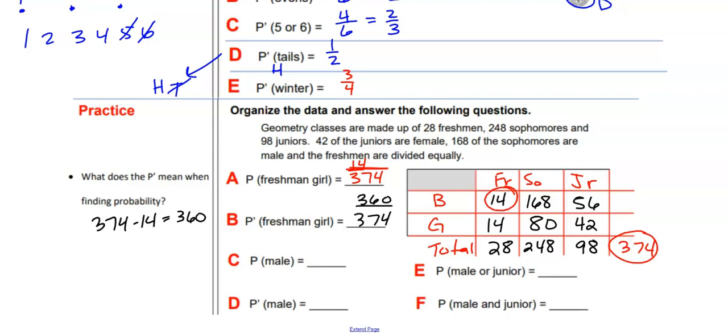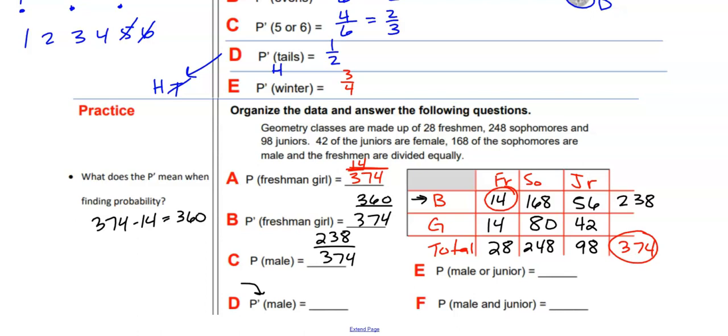Okay, probability of male. So our male row, our boys, goes this way. There are 238 of those if we were to add all of those together. So probability of a male, 238 out of 374. And then not, or the complement of male, not male, would basically be the same as girls.